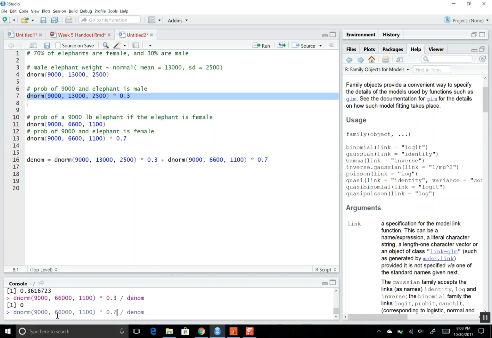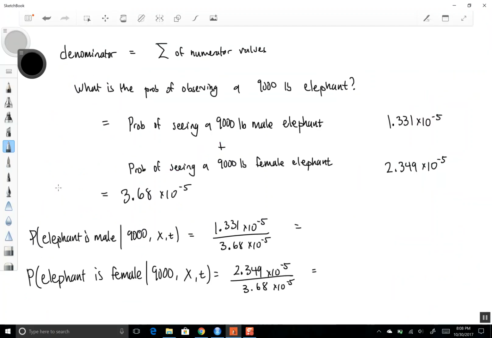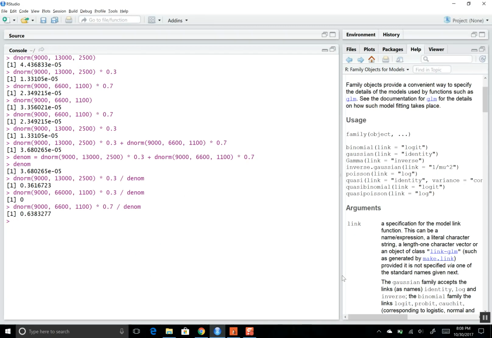Oh, times 0.7. 0.638, so 0.3616 versus 0.6383.